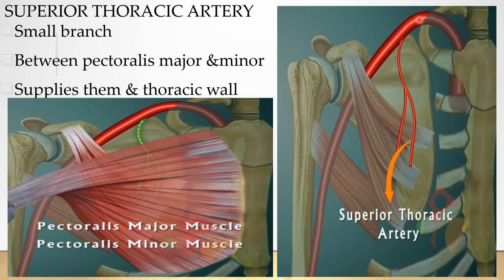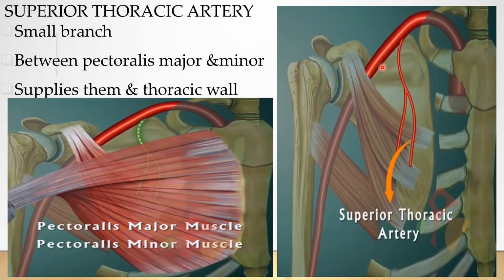Near the subclavius, it runs downwards, forwards, and medially. See, you know that medially means towards the center of the body. This is the sternum, which is the center of the body. Towards it is called medial. So it runs downwards, forwards, and medially, and passes between the pectoralis muscles and ends by supplying these muscles. This is the pectoral muscle, and it supplies this muscle, and it ends.